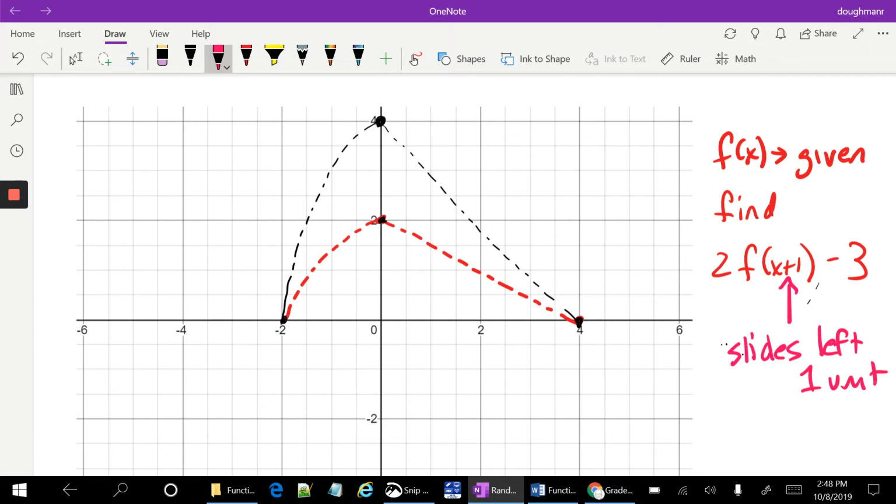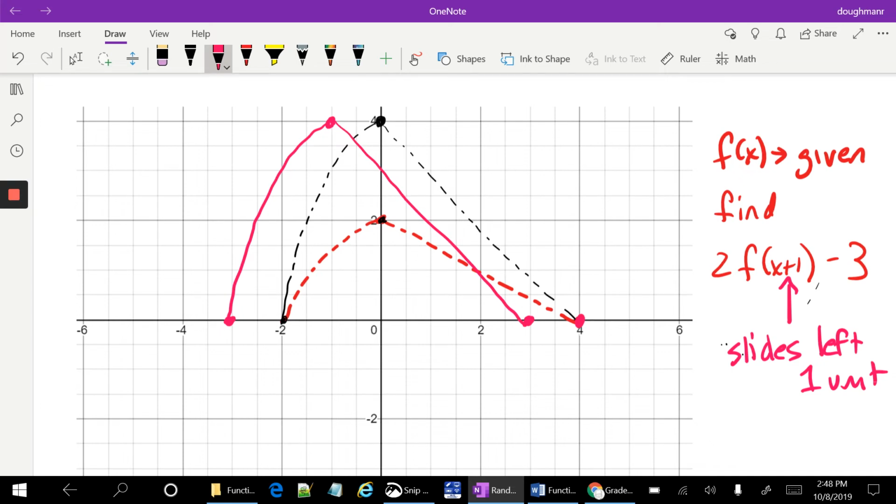So once again, let's go back to my points. The point 4, 0 is now going to be moved left 1 unit, so it becomes 3, 0. The point 0, 4 moves left 1 unit, so it becomes the point negative 1, 4. And the point negative 2, 0 slides left, and all other points slide left by 1 unit.